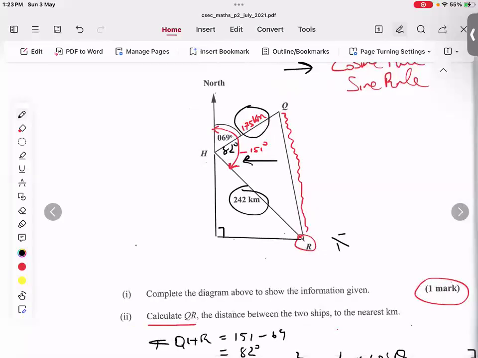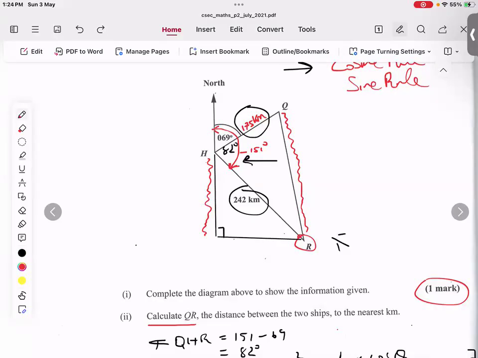So this is 90, and how far due south is that? The only thing we need now, we don't need this section here, because that is not due south. Due south means we need this length right here. Because we already know what this distance is, which is 242. So how far due south?